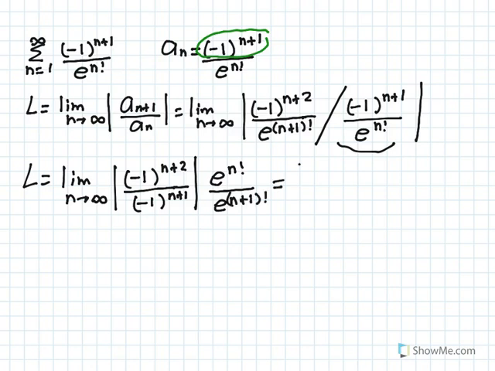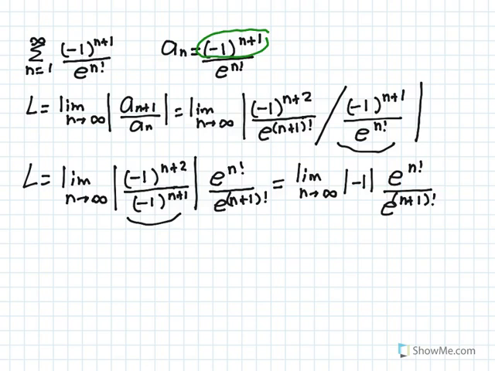So this is equal to the limit as n approaches infinity of negative 1 raised to the power of n plus 2 divided by negative 1 to the power of n plus 1. Subtract off the exponents because we have the same base. We get the absolute value of negative 1, and we have e to the n factorial on top, and e to the power of n plus 1 factorial on the bottom.